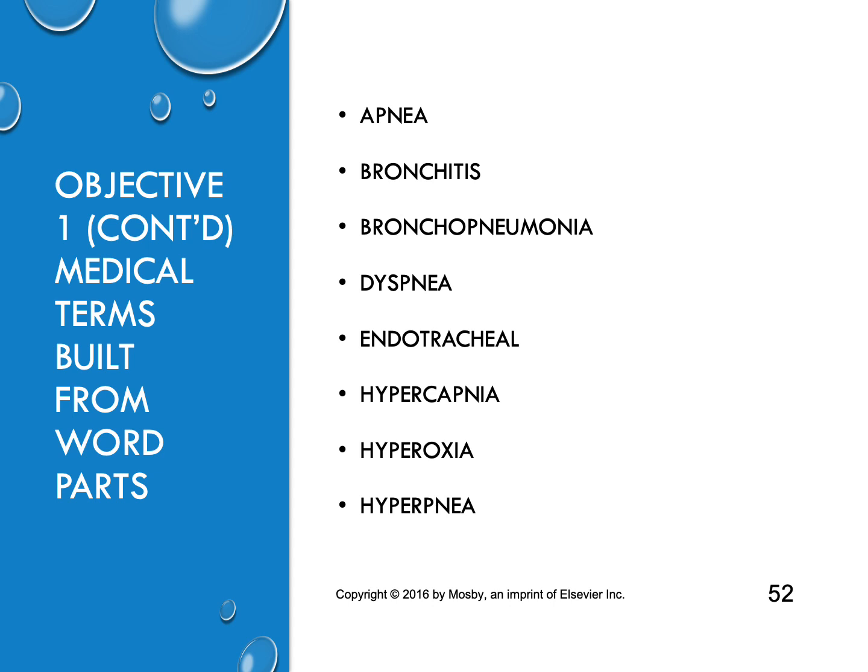So let's look at some words. The first one is apnea. Apnea pertains to without breathing, or the absence of breathing. Bronchitis, on the other hand, is referring to inflammation of, remember, itis, inflammation of the bronchus.